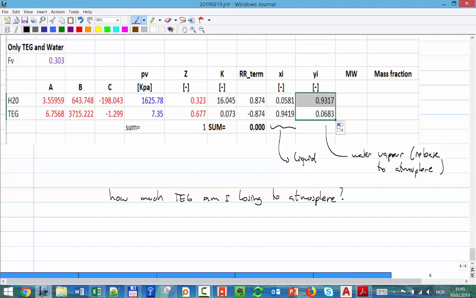Well, first I have to calculate N vapor, which will be the total N. I have an N coming in, then I have two N's: N going to the vapor and N going to the liquid. So I want to calculate first N of the vapor.